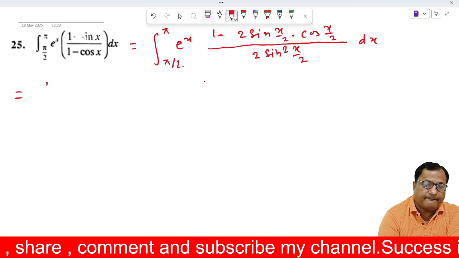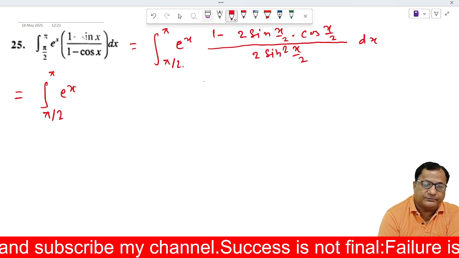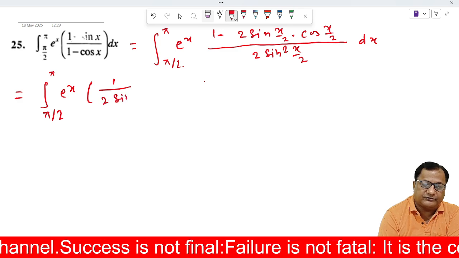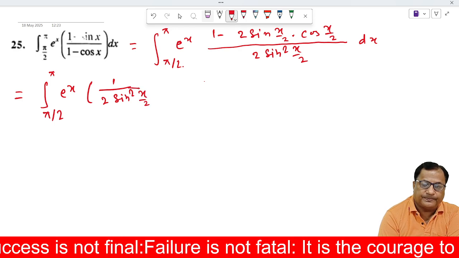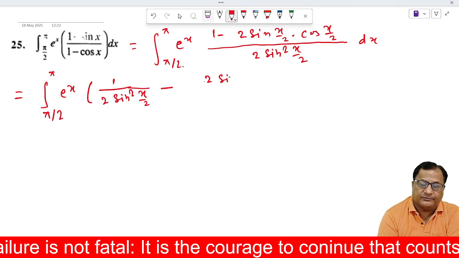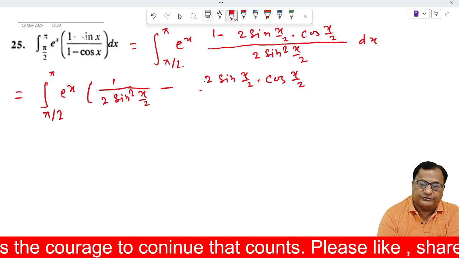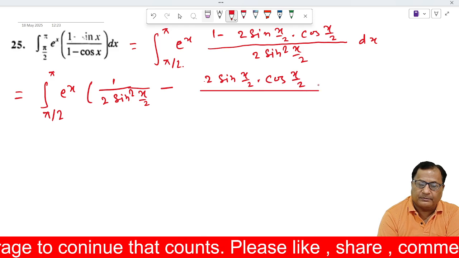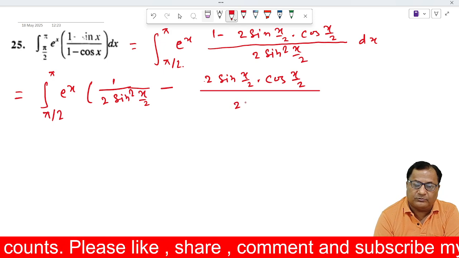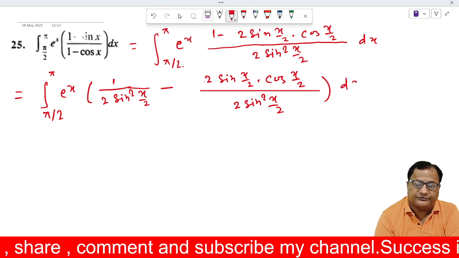So we will write the integral of e^x times [1 by 2 sin square (x/2) minus 2 sin(x/2) cos(x/2), divided by 2 sin square (x/2)] dx.